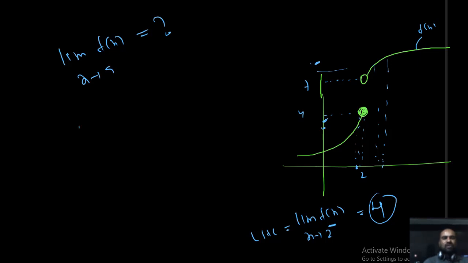What should we do? LHL should be found, RHL should be found. Both should exist, both should be equal, and both should equal a finite value, say k. Then I can say that the limit approaches that particular value k. I hope you understood.